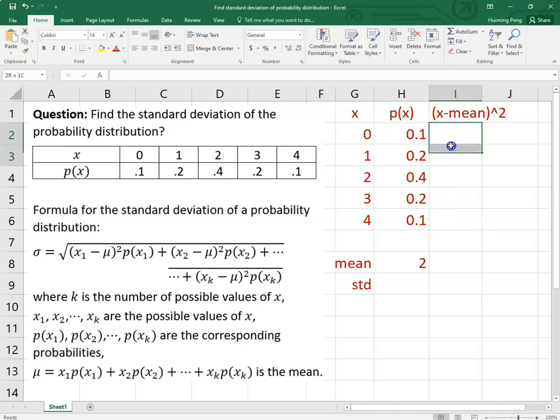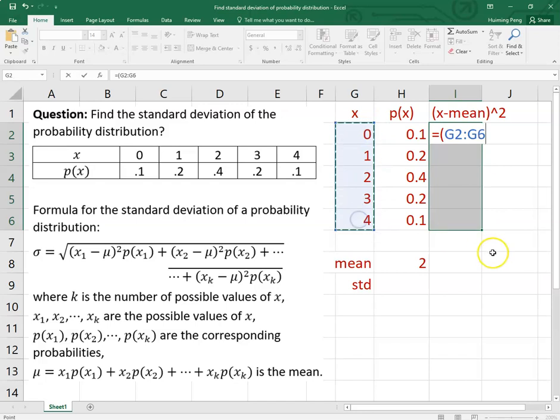So how to do this job? Highlight these boxes, I will do it at one time, and then type equals. The formula is parentheses, x is here, highlight, then minus the mean. The mean is the number 2, right? Click this box, and then close the parenthesis.